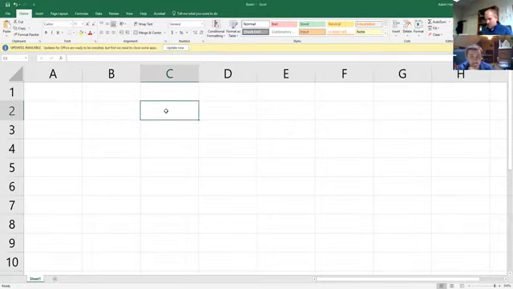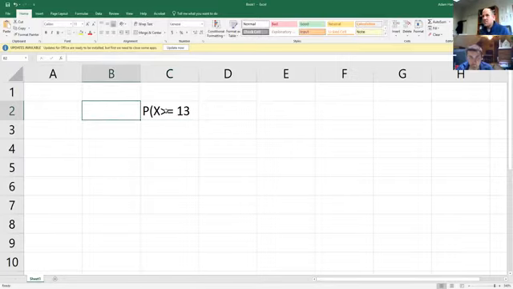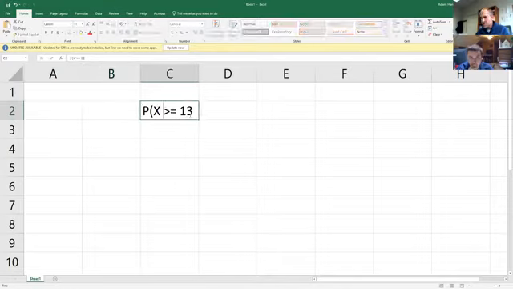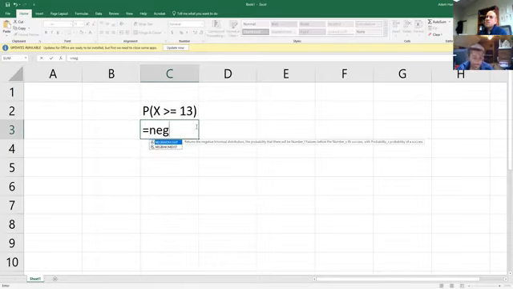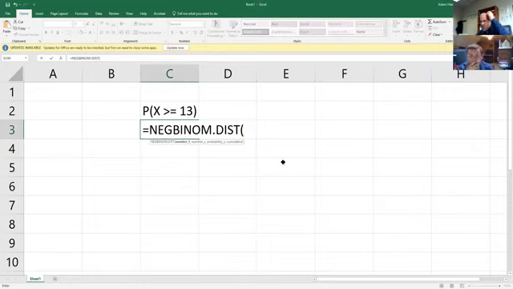Okay, so here's this. You see this? So if I want the probability that x is greater than or equal to 13, okay, just labeling this. This isn't really computing anything. It's just a label. So equal to, you already said, what distribution is it? It's a negative binomial, but it's a geometric. Right. So how many failures do we have?